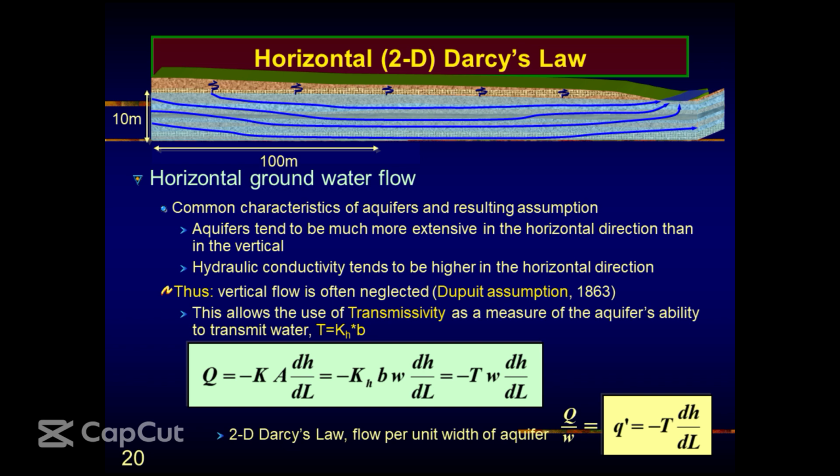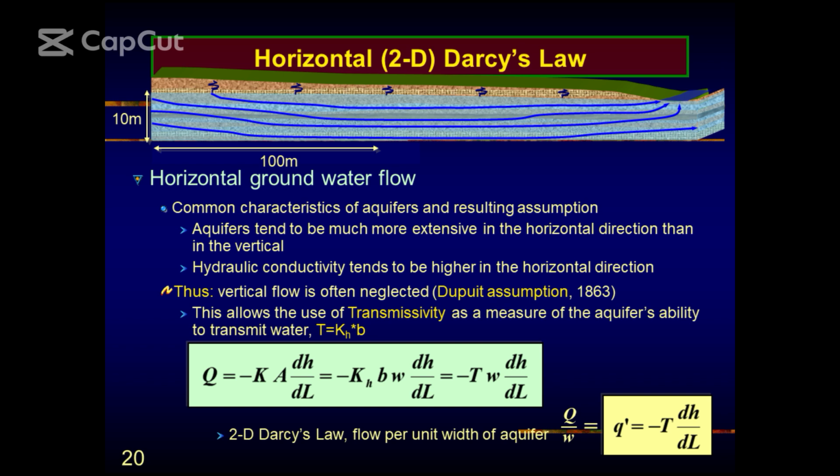You call it transmissivity or transmissibility. And definitely, because this is a second rank tensor, this is also a second rank tensor. But it gives the ability of the aquifer to transmit water throughout its entire thickness.